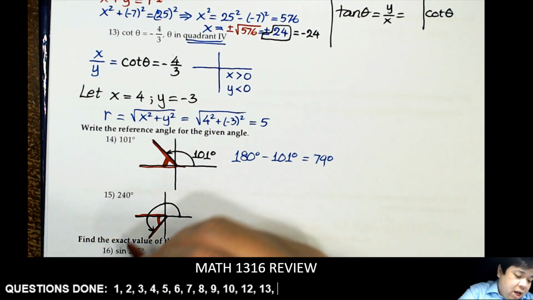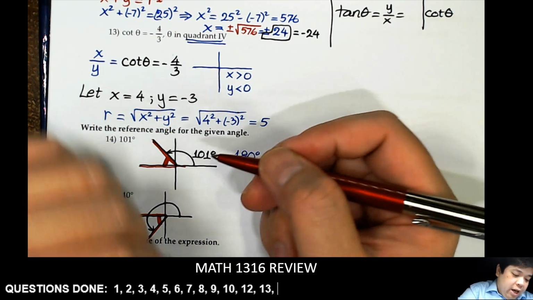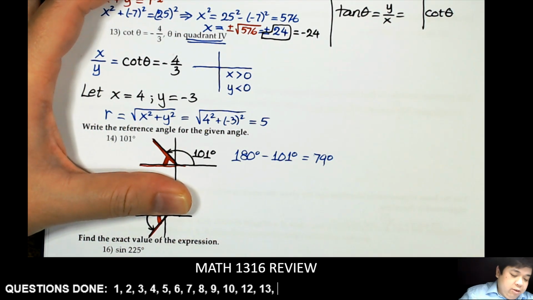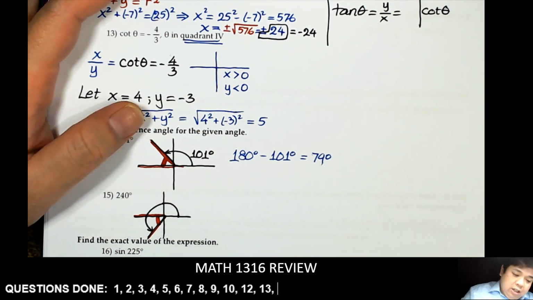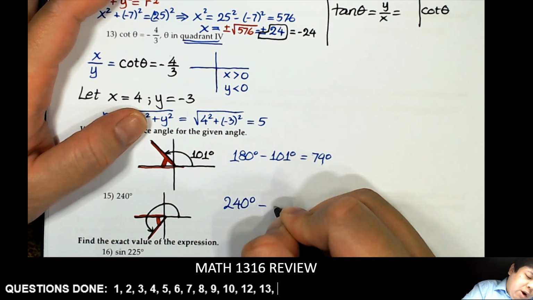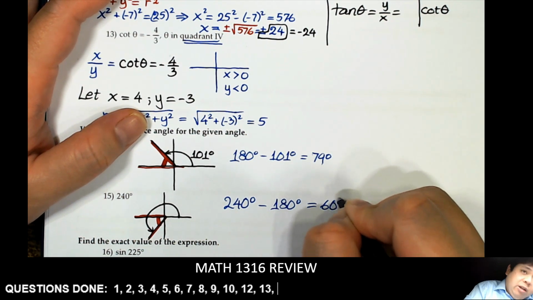We're going to use that acute angle. Since we go 240 and take away 180, we take 240 minus 180, and that is 60 degrees.